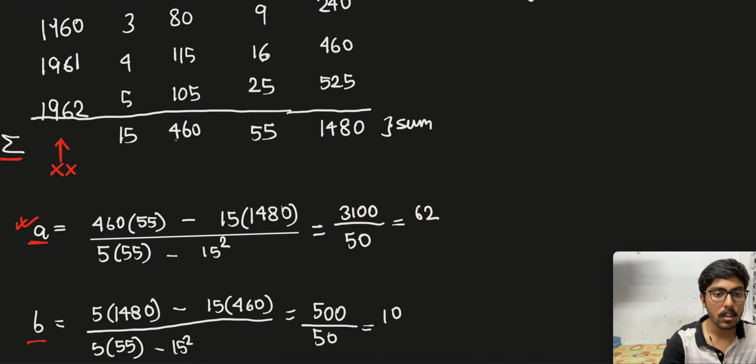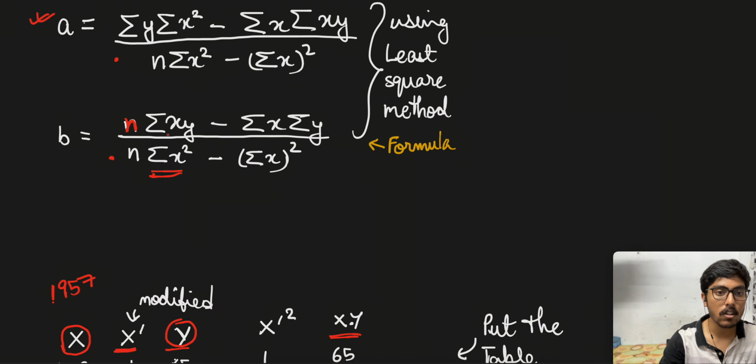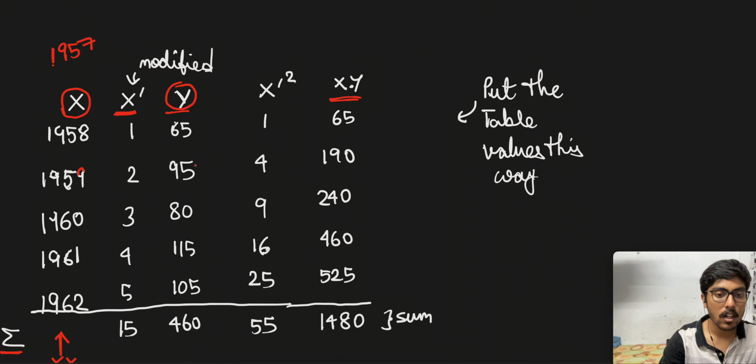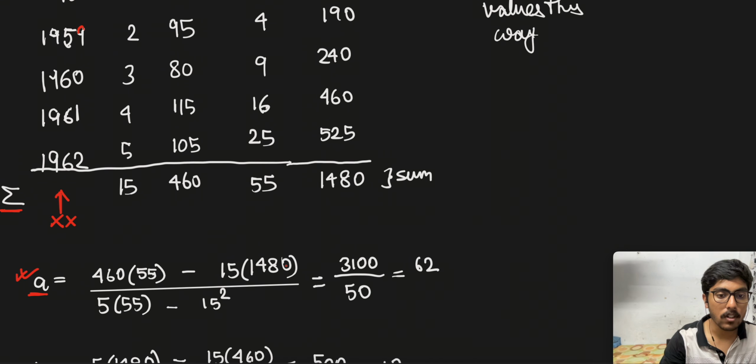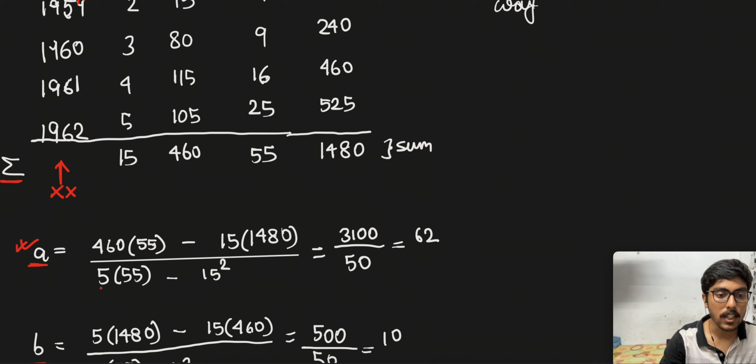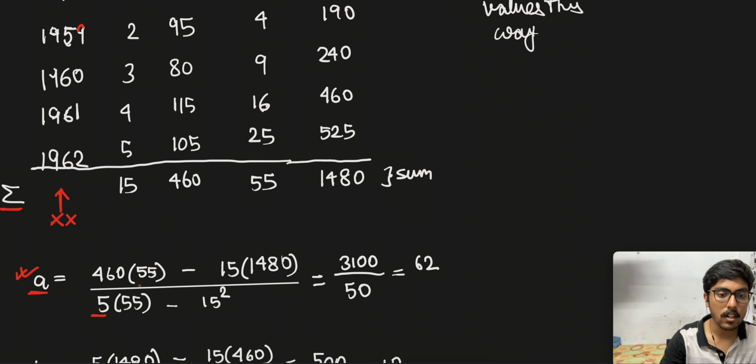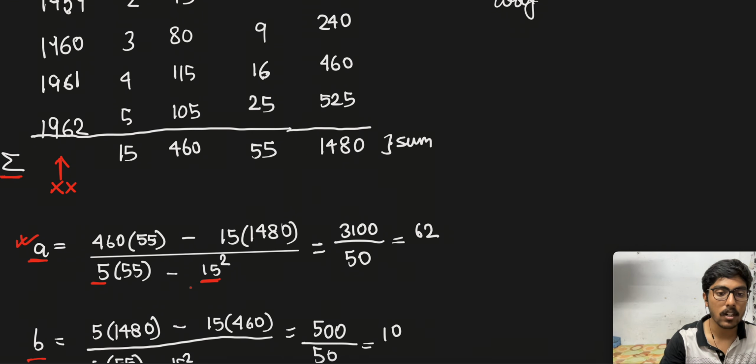So for a we put 460 into 55, which is summation of x square, minus 15 into 1480, divided by n, which is 5 here, into summation of x squared minus summation of x whole squared.